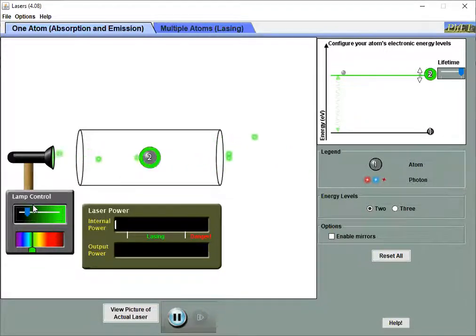And stimulated, we can tell because they go off in pairs together in the same direction. Okay, so spontaneous, random direction, and the electron spontaneously jumps from n equals 2 to n equals 1. Stimulated emission, because it's triggered by an incoming photon, and then we have a pair of photons that go off together.